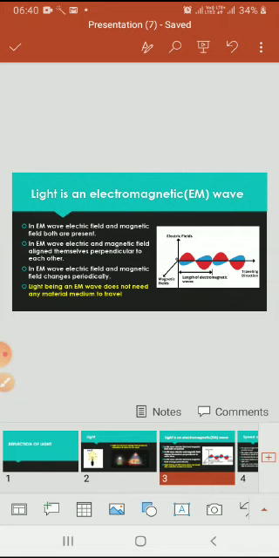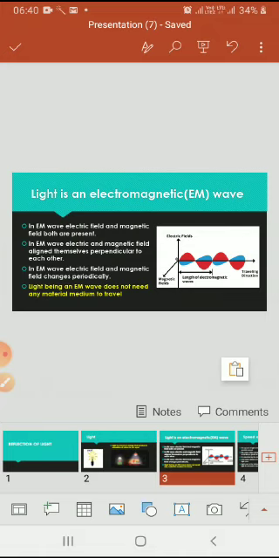Here students, definition you don't need to learn. Only you need to remember here, light is an electromagnetic wave. That's why light doesn't need any material medium to travel, which is very important here to remember.